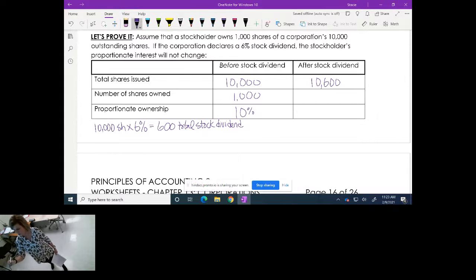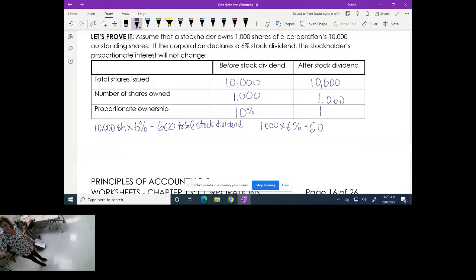So what is this shareholder's piece of that 6%? What's 1,000 times 6%? 60. So now this shareholder has 1,060. So what percentage does the shareholder have? 10%.